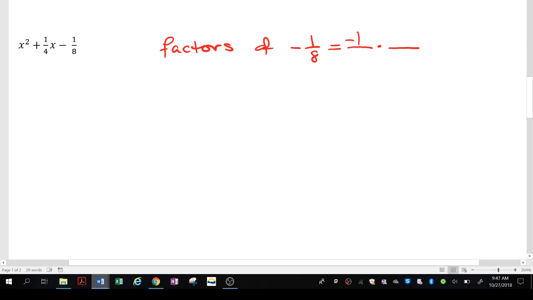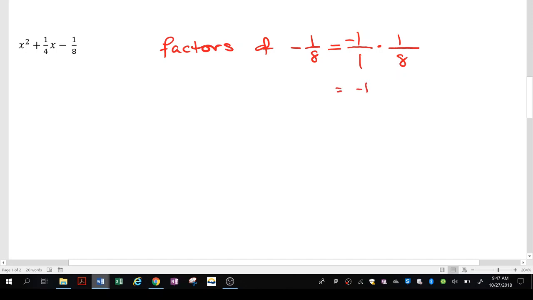Our numerators in our factors have to both be 1, because when we're multiplying these two together, we're going to get negative 1. Now, our options for our denominator could be 1 and 8, because negative 1 times 1/8 is negative 1/8.